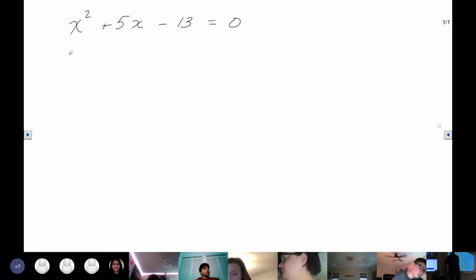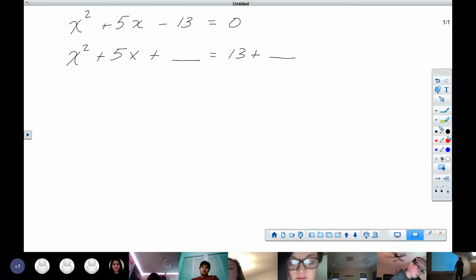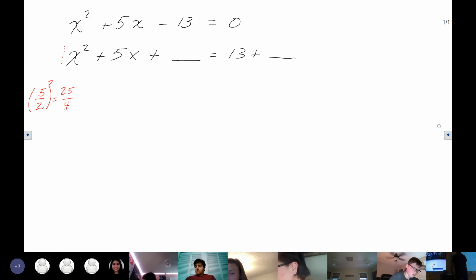x squared plus 5x plus blank is equal to 13 plus blank. I'm going to do this in red because this is important. Since the leading coefficient is 1, we can take that 5, divide it by 2, and square it. And that's 25/4.